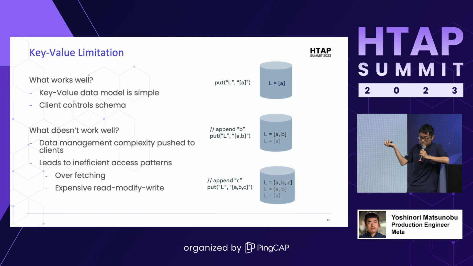But what if the value is one big JSON with 1,000 attributes, or something like 10,000 columns equivalent in MySQL? On a key-value store, even if you just want to fetch one attribute, the whole value has to be returned to the client. And when you update something, the whole value has to be updated.